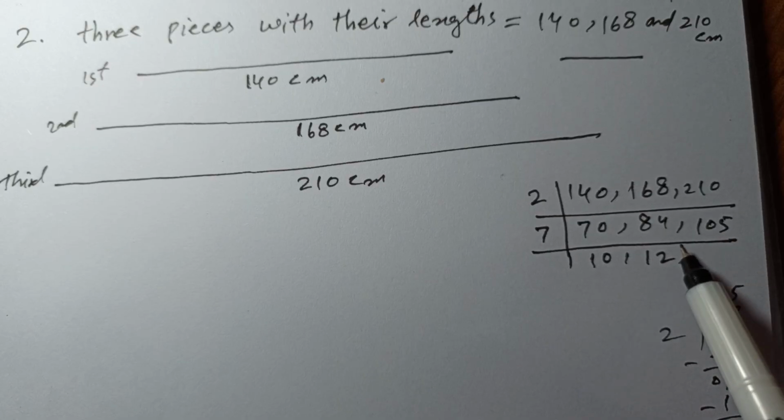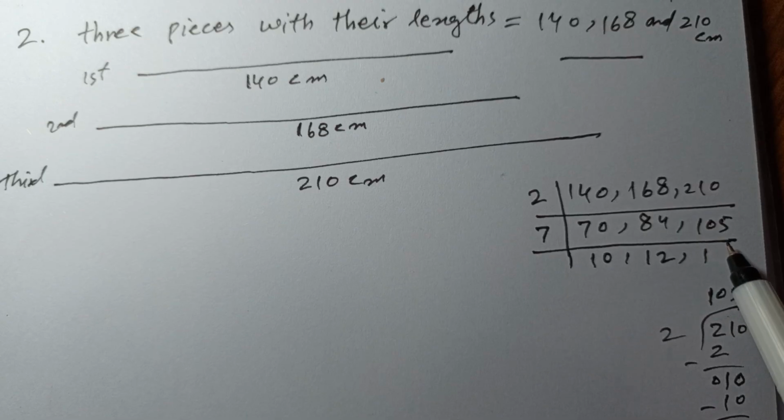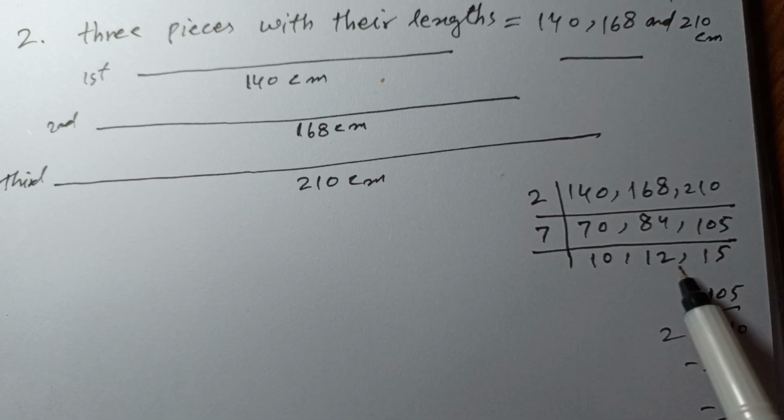Now 105, 7 ones are 7 and 3 will be your carry, 3 with 35, so 7 fives are 35, you will get here 15.